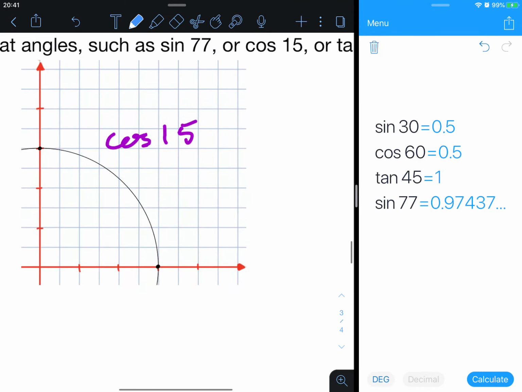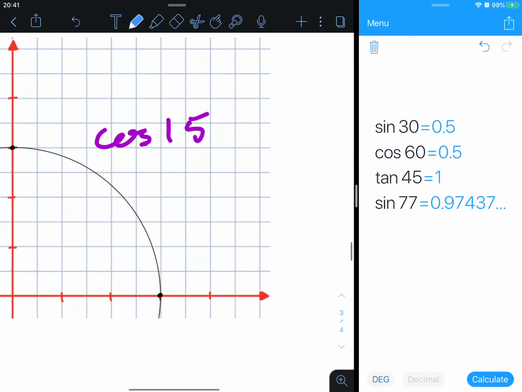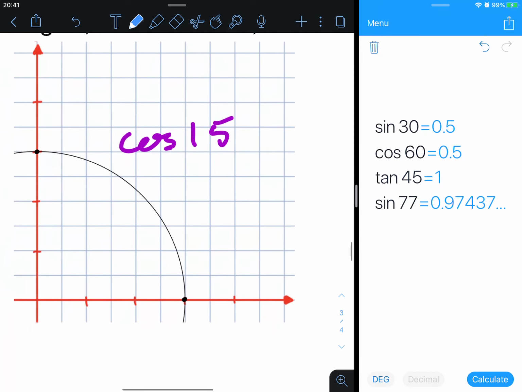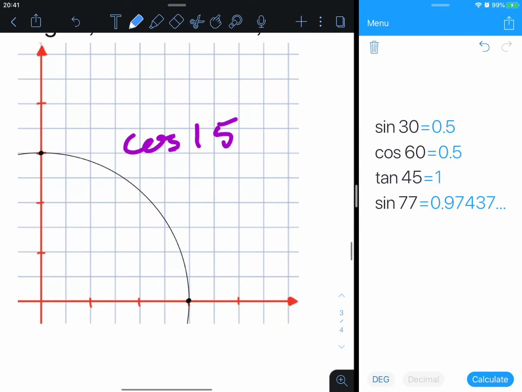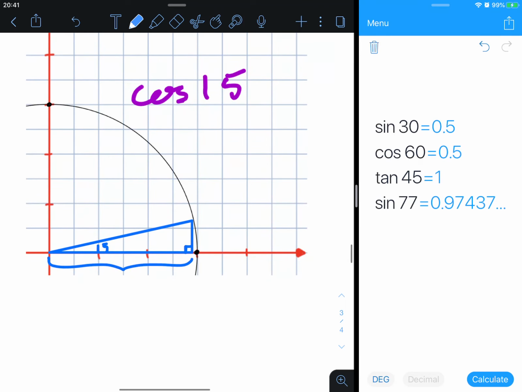Cos of 15. Type it into the calculator. The calculator does very quickly the following process. It draws up a unit circle, makes a 15-degree angle. It's about here, I'd say. Makes the 90-degree triangle. And then it measures the length of x.